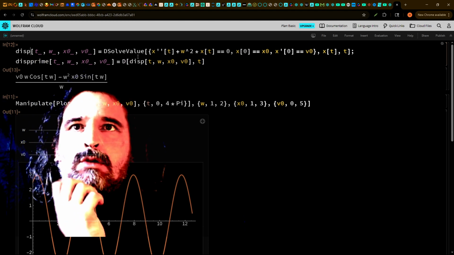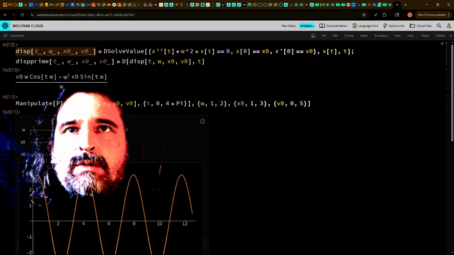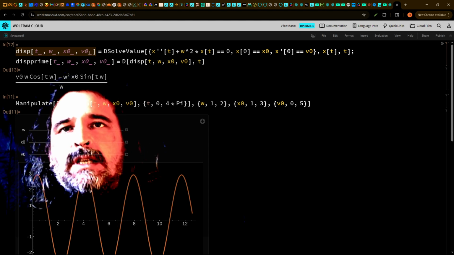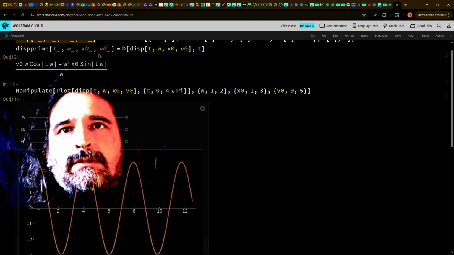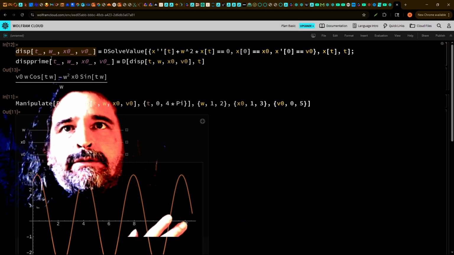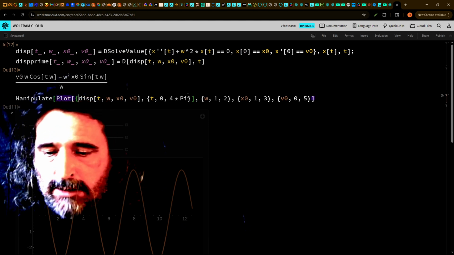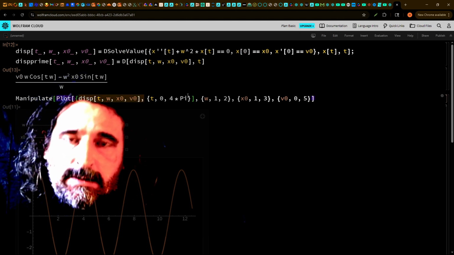So it has solved the equation, stored the solution as a function of frequency, amplitude, and initial velocity. Compute the derivative of that. Now, here I'm graphing the solution. I could have graphed both the solution and its derivative together. Let me do that now, so you can see it.